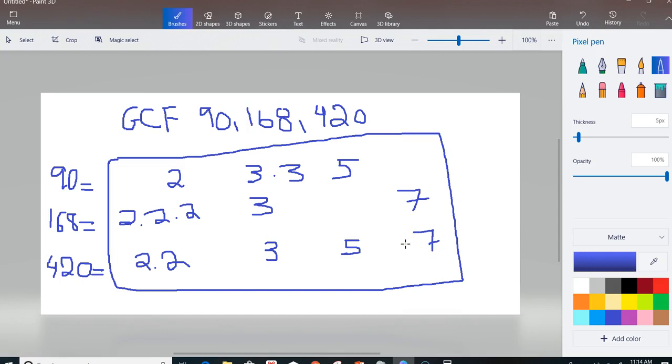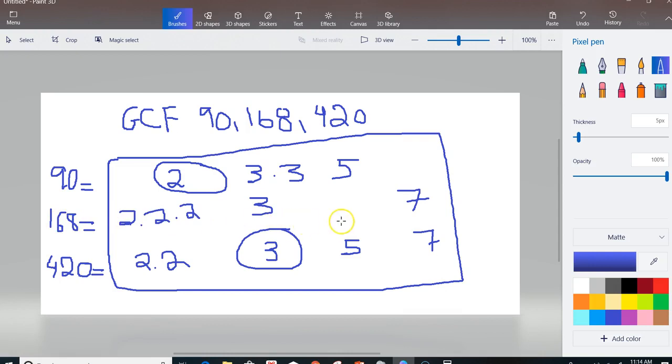Remember, for the greatest common factor, we're going to use the smallest amount of the numbers that repeat themselves. In this case, we get 2 and 3. As you can see, we got 5 and 7 that repeat for 90 and 420.